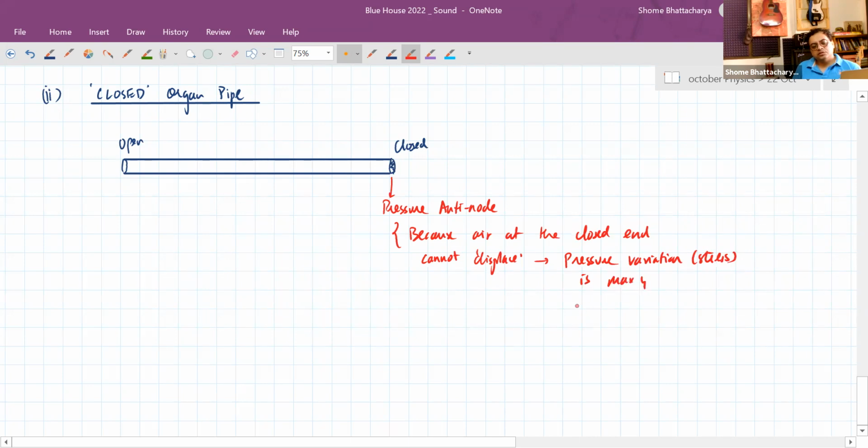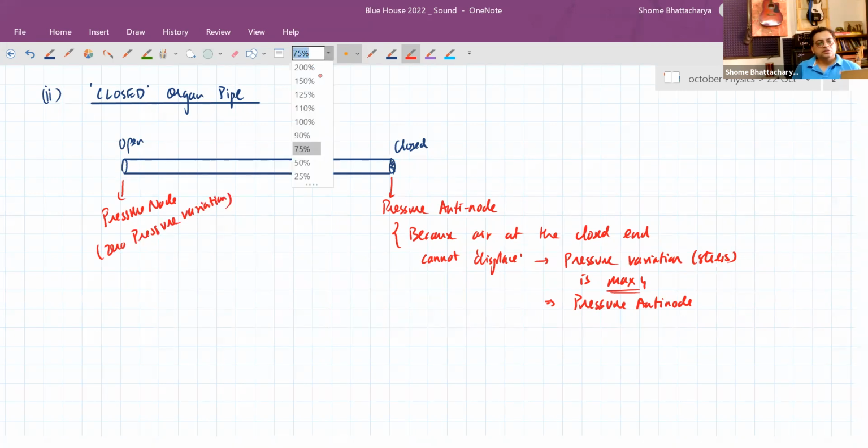Therefore, it's a pressure antinode because it has maximum amplitude. Whereas the open end acts like a pressure node, because it has zero pressure variation.